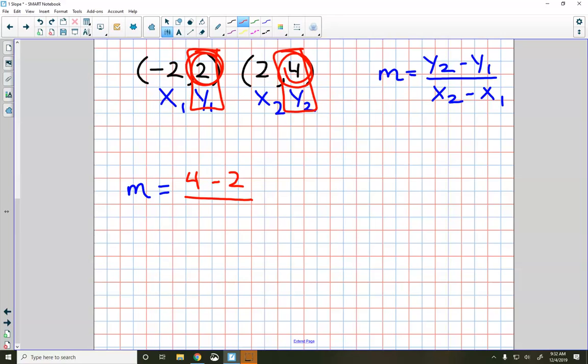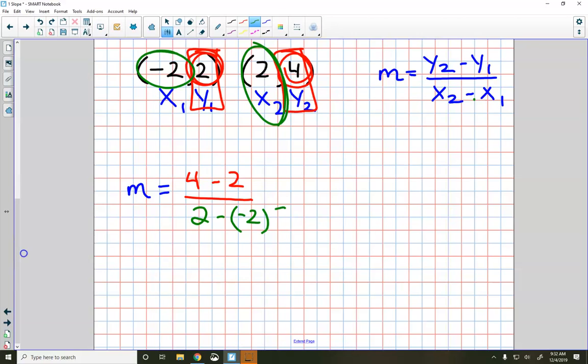In the denominator, we have x sub 2 next. x sub 2 is 2. So I write that down. Now the formula says to subtract. And then it says x sub 1. Well, x sub 1 is -2. So I'm going to write -2. Remember, we should write parentheses around it.